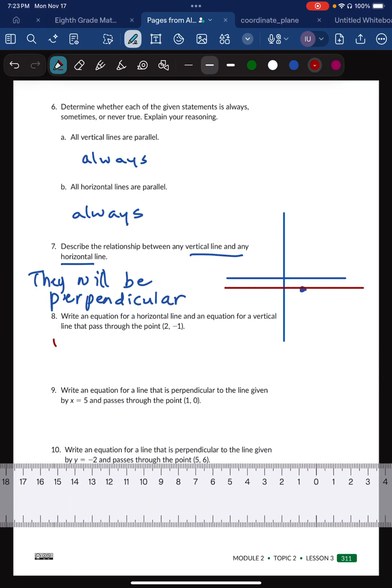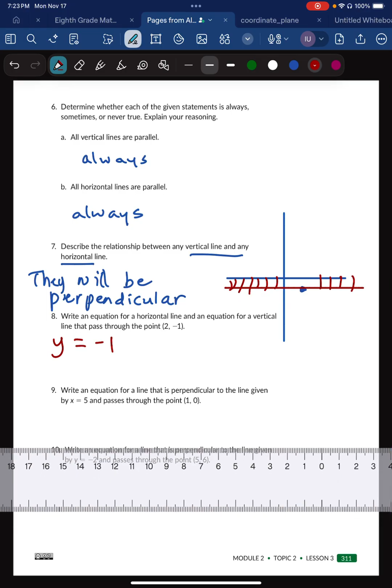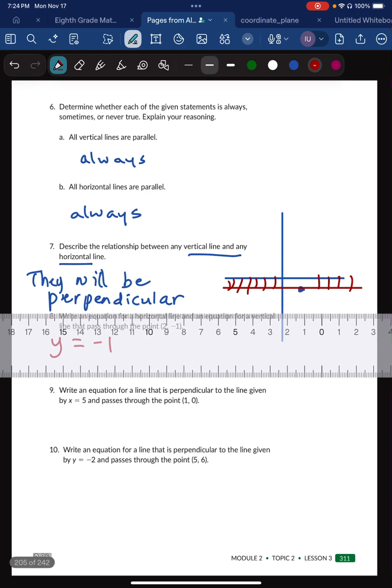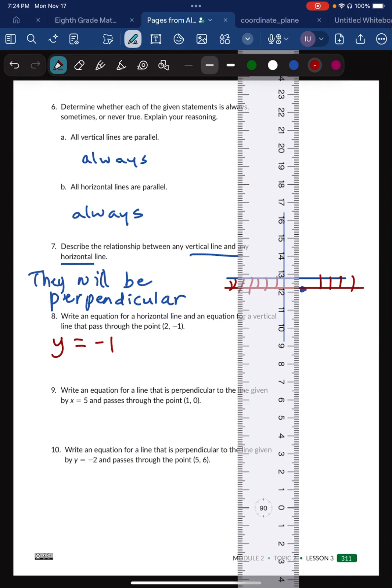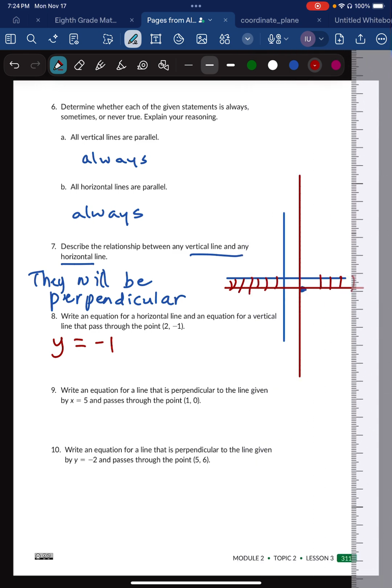That is just going to be y is equal to -1 because no matter where we go, we are at y equal to -1. So what about the vertical line? No matter where we go on that vertical line, we are at 2. So x is equal to 2.